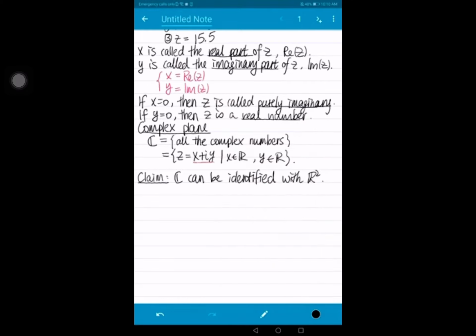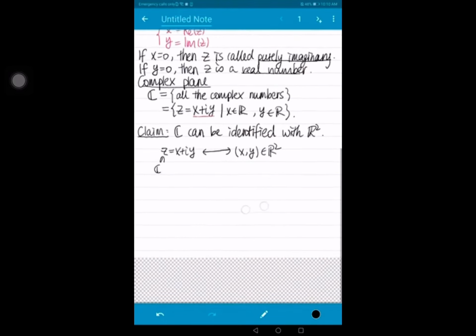So this gives us an identification of z equals x plus iy with R2. The identification is given by: whenever you have x plus iy, you just write x comma y, which is a point in R2, just like you learned in B41 and B42. So z is a member of the complex plane.